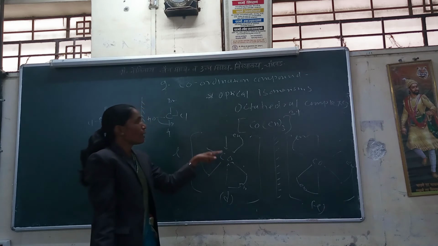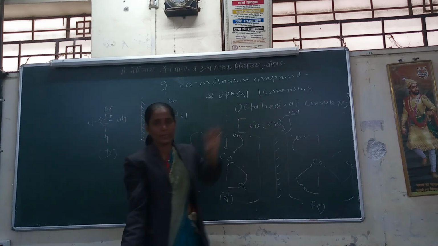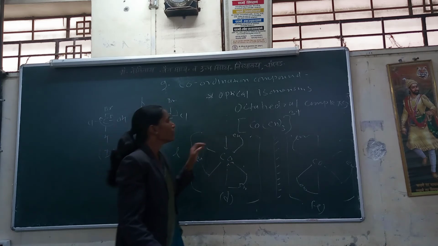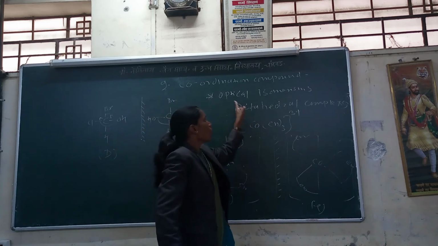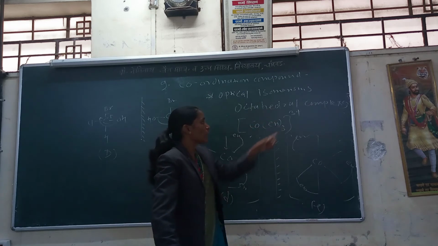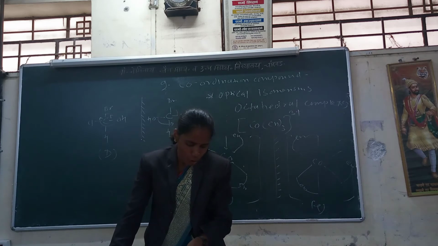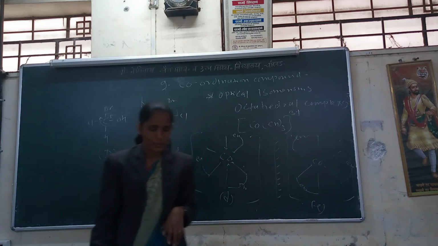This is an example of octahedral complexes, meaning 6 bonds. Optical isomers in octahedral complexes. Octahedral complexes can exist as both geometrical and optical isomers.